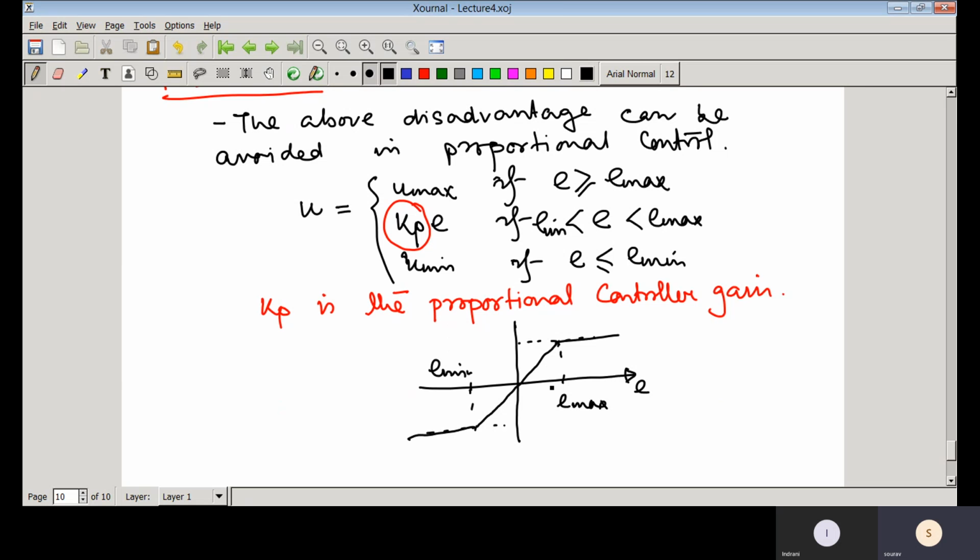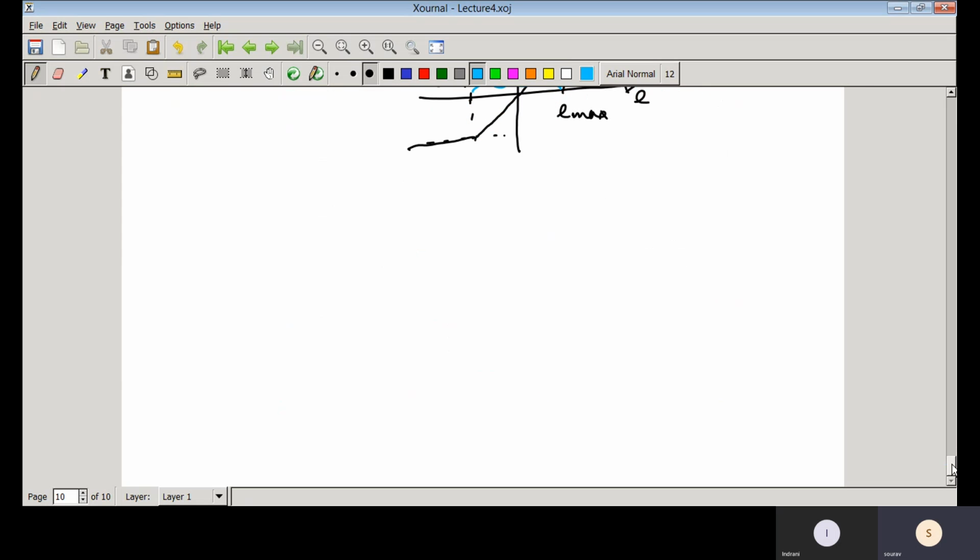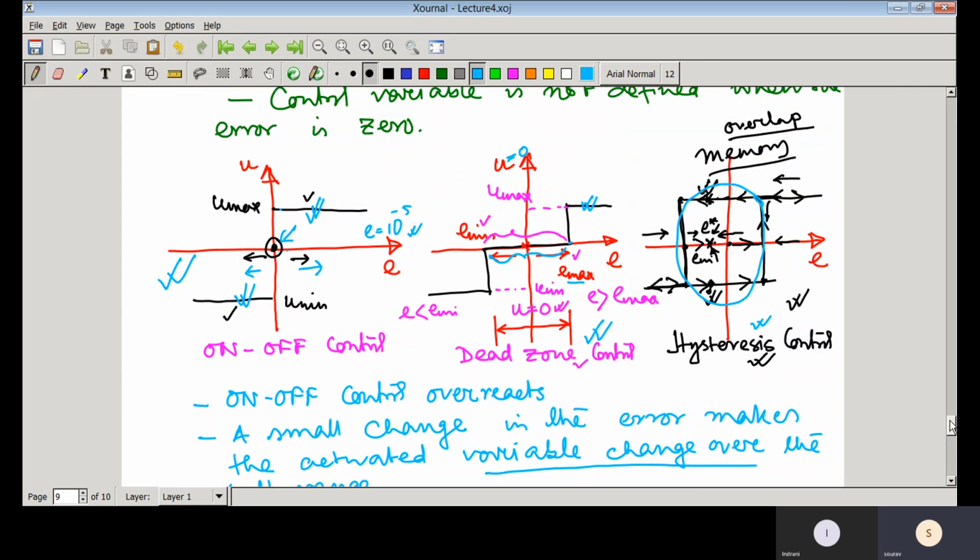This is that control input U. Whenever your error is inside this range, in the case of dead zone control, what we have seen, we keep U equal to 0.